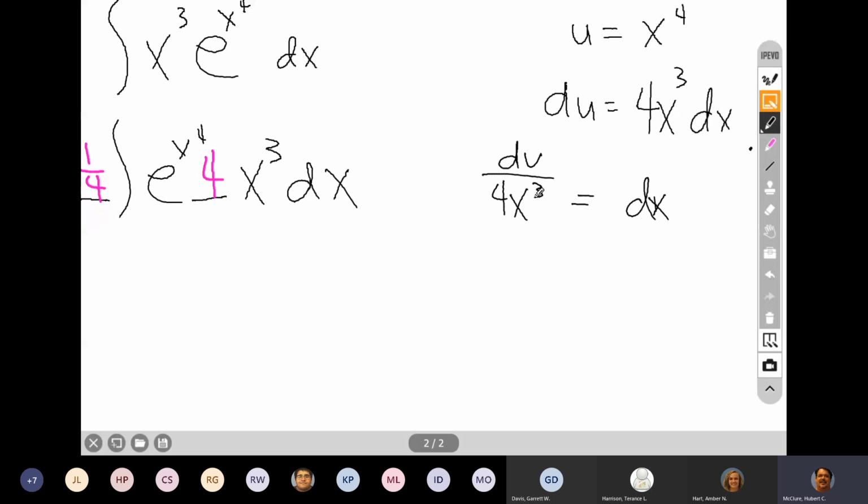And basically, you're left with 1/4 the antiderivative of e to the u, sorry, messed up, e to the u du.